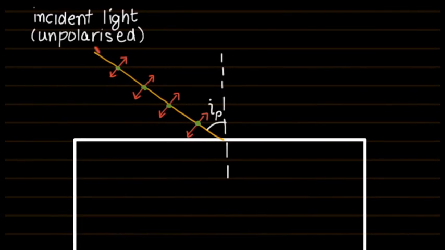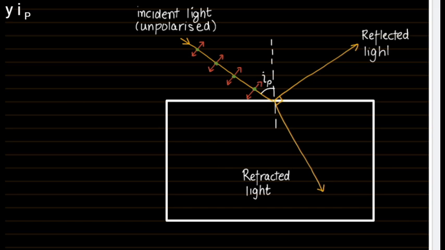Now when the light is incident at Brewster's angle, which is denoted by I suffix P, what happens? What you'll notice is that this light will be reflected as well as refracted. The reflected light, which will have vibrations in a particular direction, will be polarized light, and the vibrations will be coming towards you.